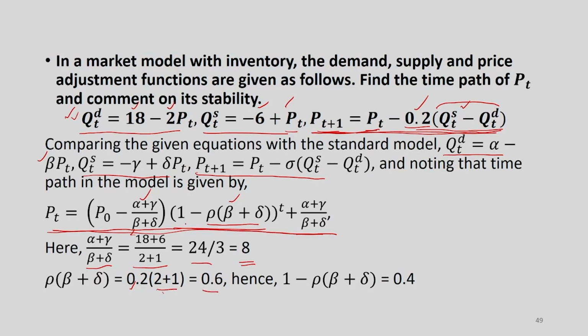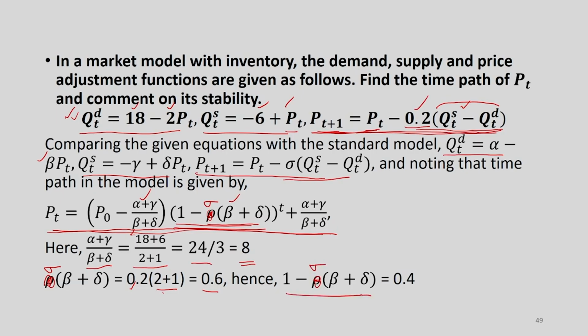And remember, we have to figure out what is 1 minus sigma. I am sorry, this is not rho, this is sigma, because sigma is the standard notation that has been used in the model. So we have to figure out what is 1 minus sigma multiplied by beta plus delta.